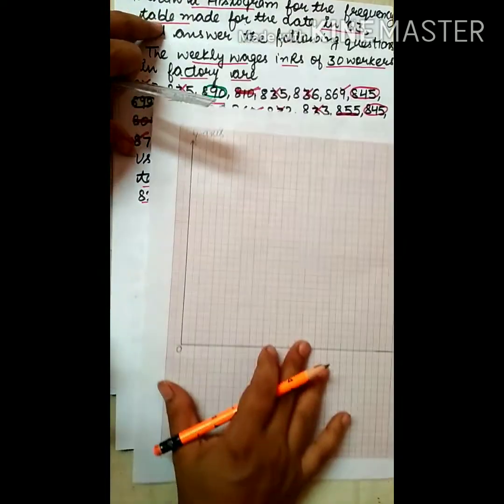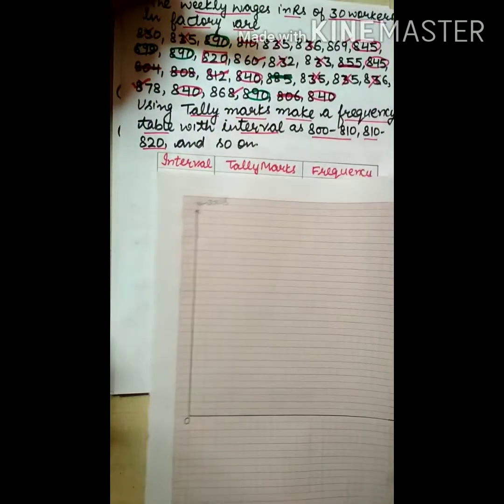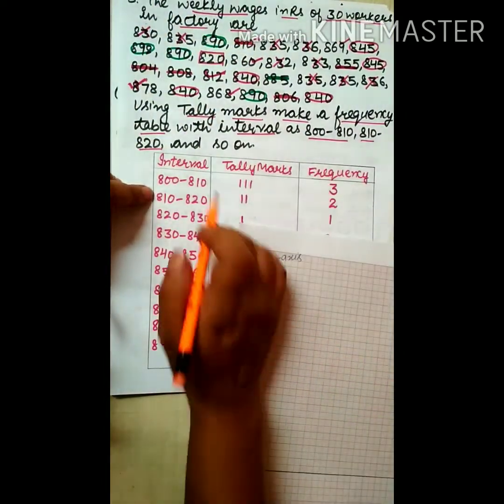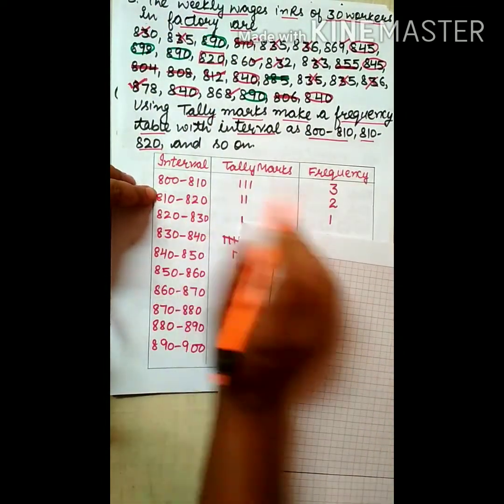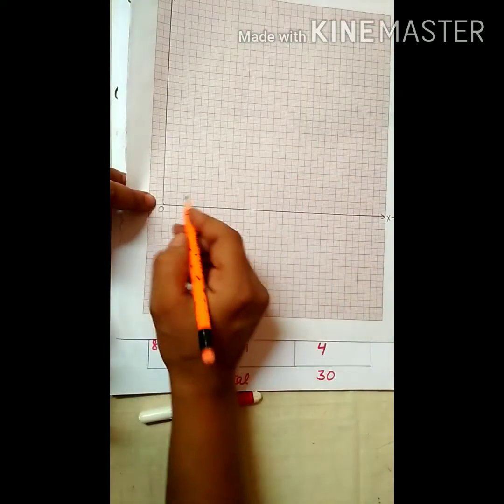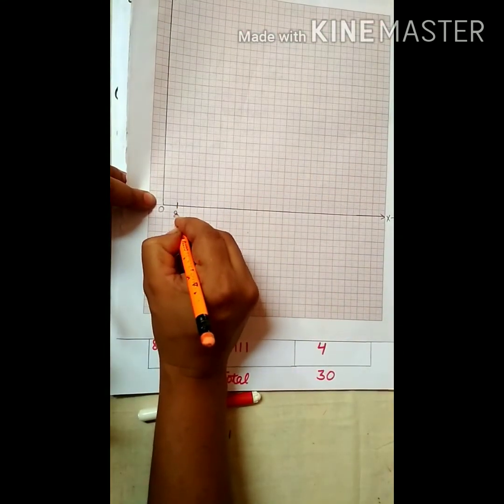As here I have given the intervals from 800 to 810, it means I have to start here from 800.